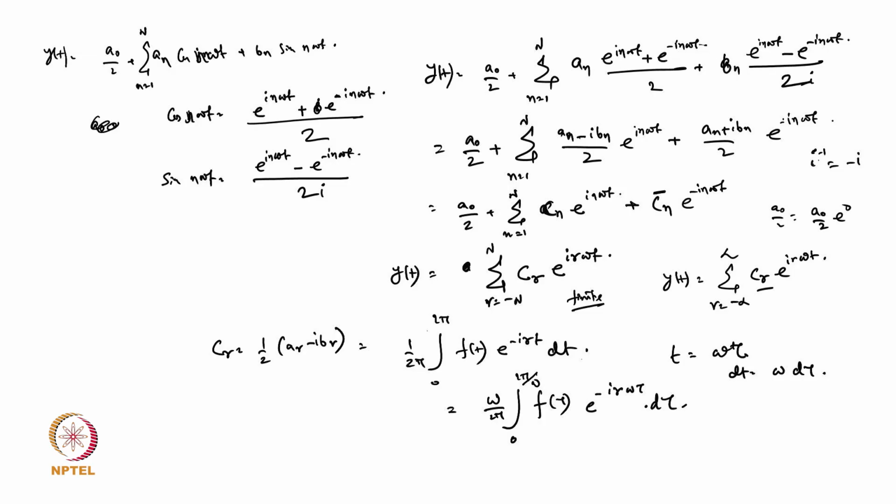And that CR gives you the amplitude of those excitations. It is basically a summation of several harmonics. All the harmonics have some sort of scale also, and that scale you will get from here. Okay.